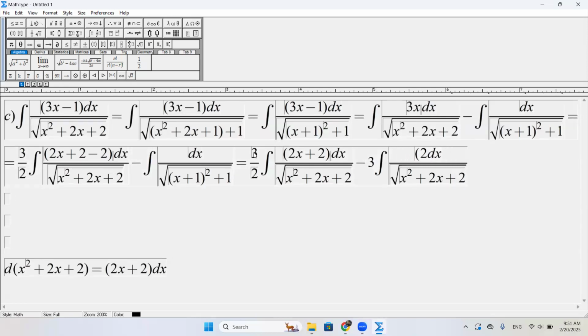Yeah, so minus 3 because we divide, so we multiply 2 by 3 over 2. And this integral as well.